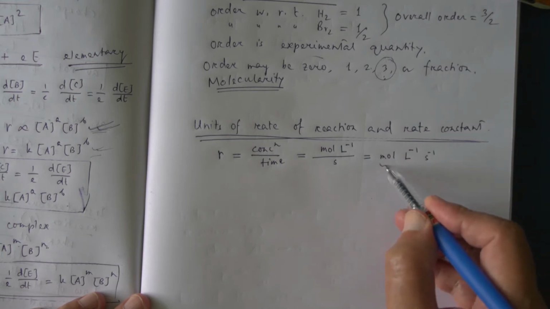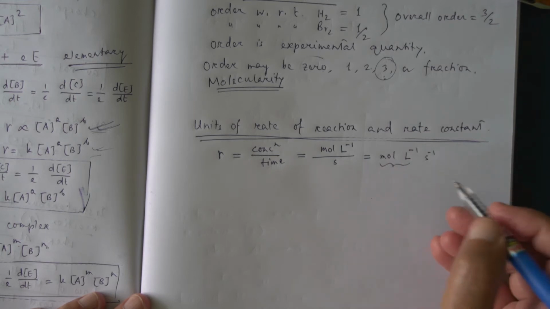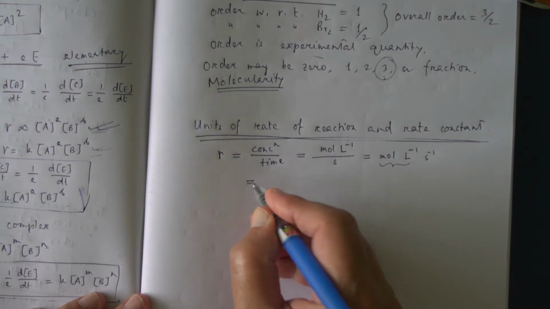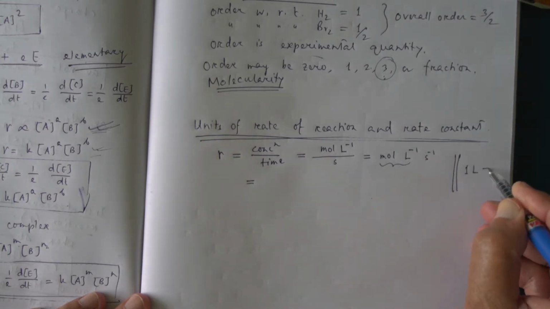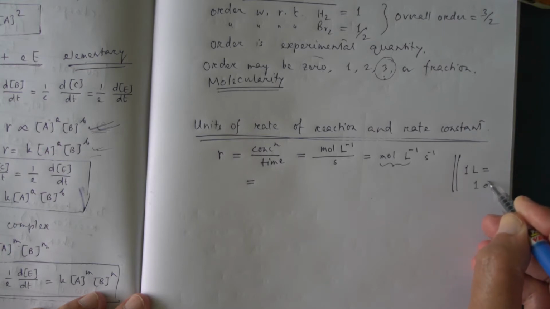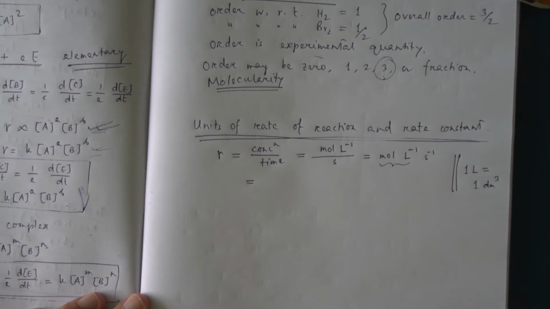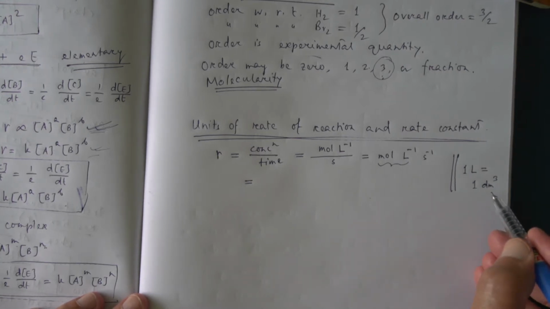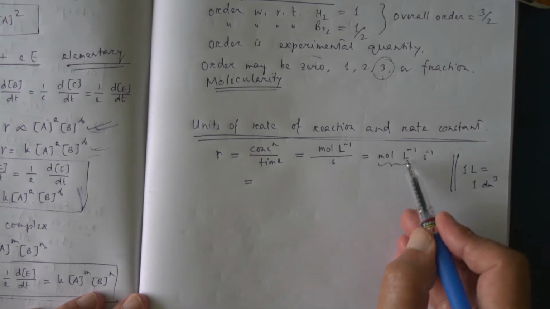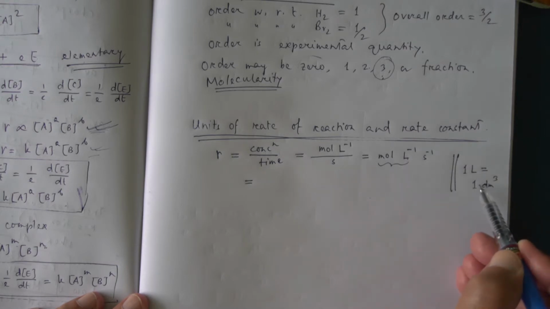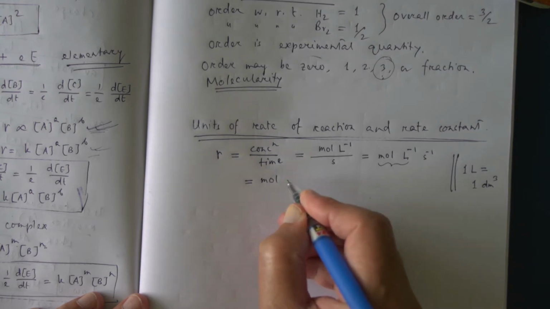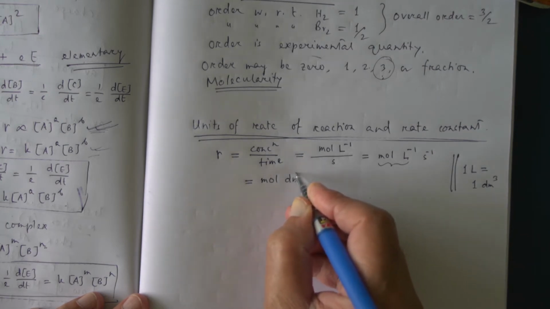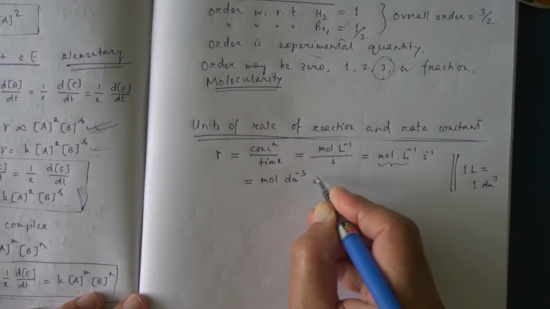And mole per liter is also written as, you see, 1 liter equals 1 decimeter cube. So in place of 1 liter I can write decimeter cube. Then what will it be? Mole per decimeter cube per second.